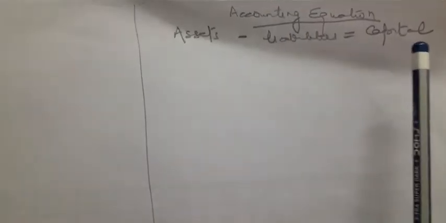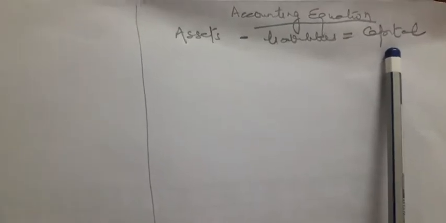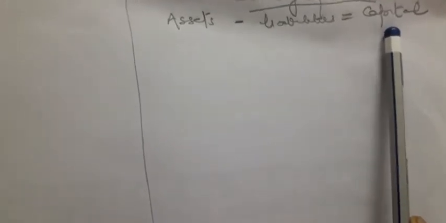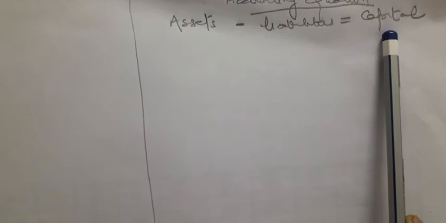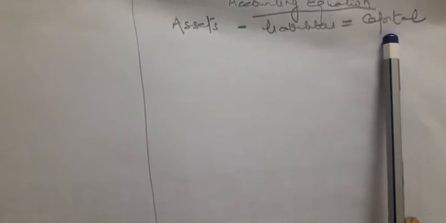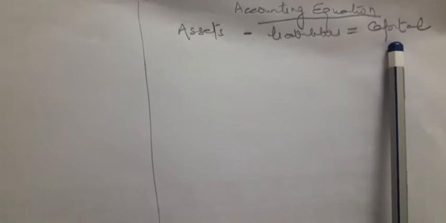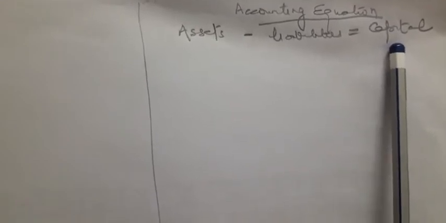The left hand side and right hand side must be equal in every transaction, and when they are equal, that means we are following the rules of double entry system.